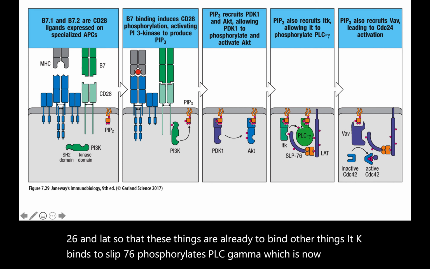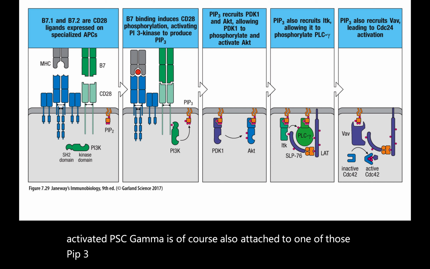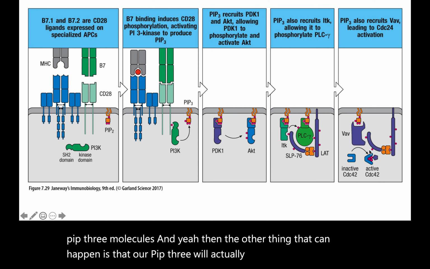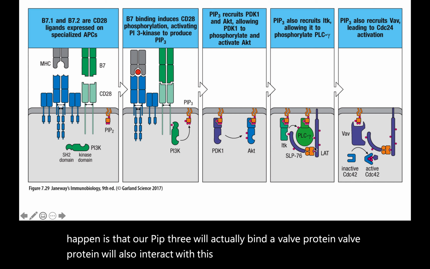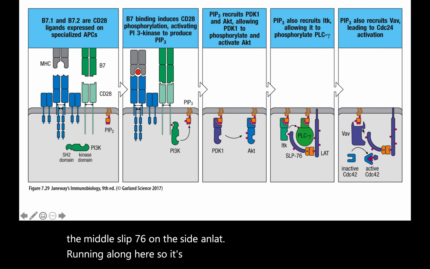PLC gamma is also attached to one of those PIP3 molecules. And then the other thing that can happen is that our PIP3 will bind a VAV protein. VAV protein will also interact with this same complex. So this is GADS in the middle, SLP76 on the side, and LAT running along here. So there's LAT, GADS, SLP76.